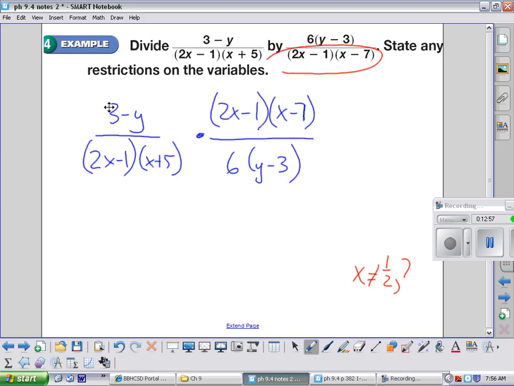This 3 minus y and this y minus 3 are pretty close. What I can do, and this is perfectly legal, rewrite this as minus 1 times y minus 3 here. Basically change these signs here so I can cancel. Okay? Everything else stays the same.